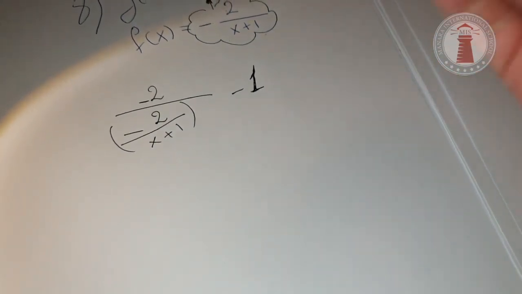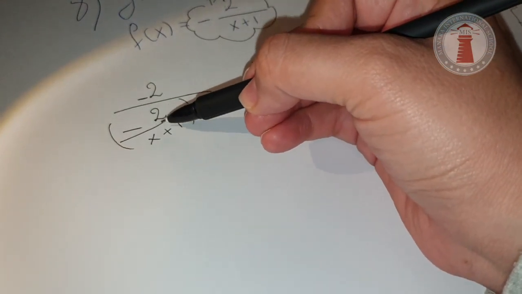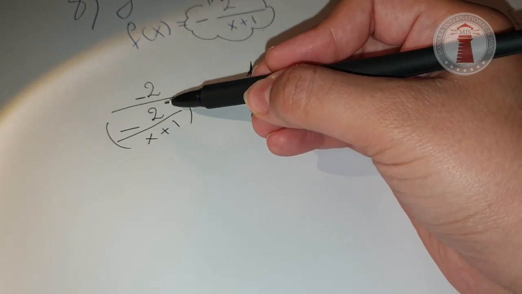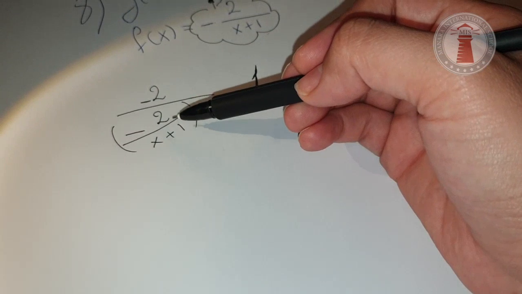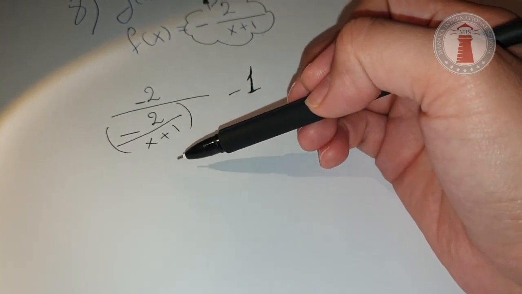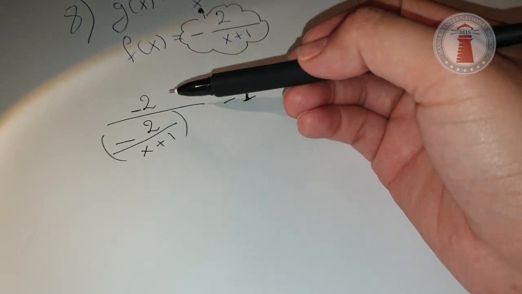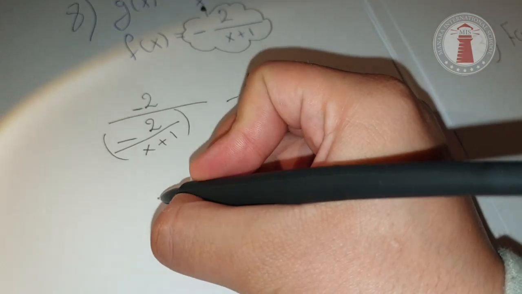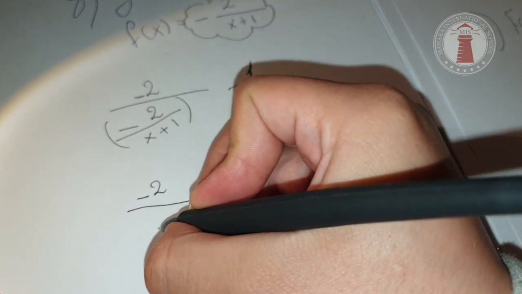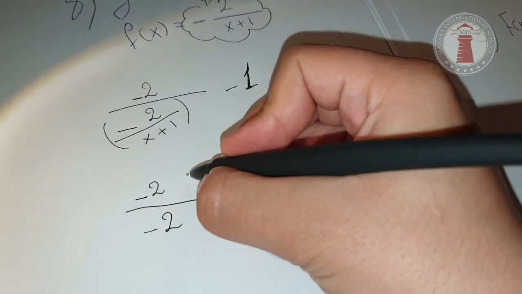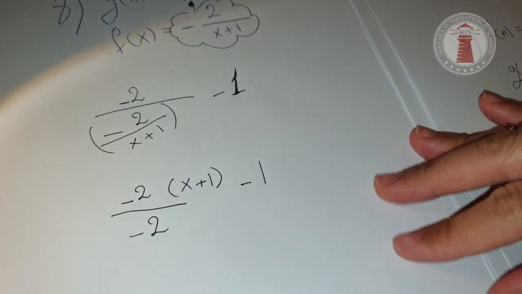Okay. Now this here, which is negative 2 over x plus 1, is the same as negative 2 multiplied by x plus 1 over negative 2. It's the same thing. This is just a simple property of division. So here, this is actually negative 2 over negative 2 multiplied by x plus 1 minus 1.